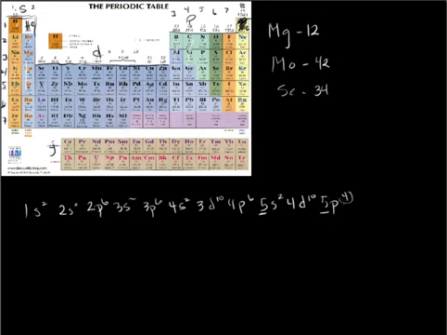We add this 4, we add this 2. That gives us 6 valence electrons in our outermost shell. Or because it's not a transitional metal, you can just count first group, second group, third group, fourth group, fifth group, and sixth group. And it's the 6th group, so we have 6 valence. Either way is fine. And that's it for this one. That answers that question. See you in the next one.